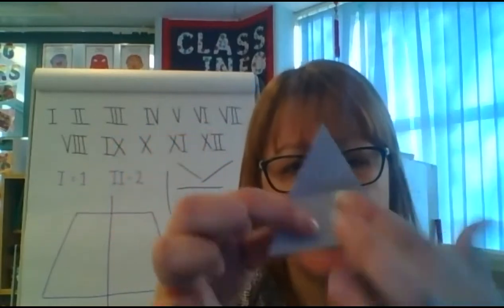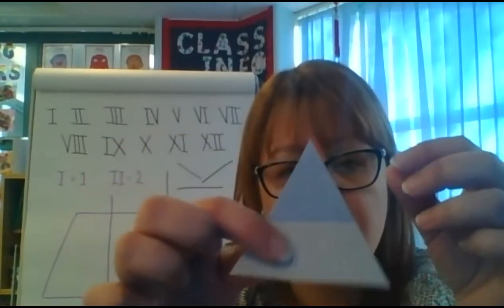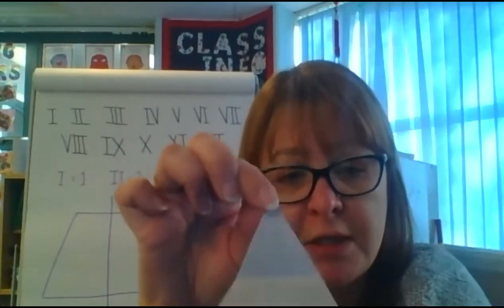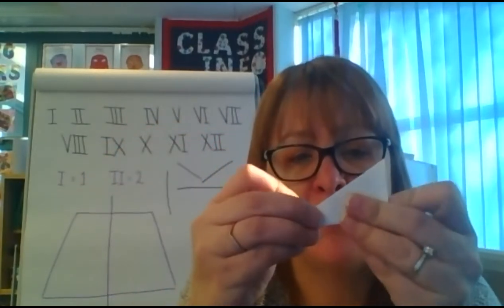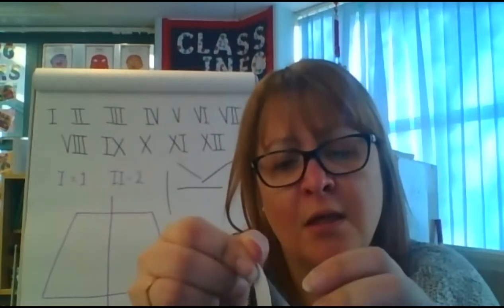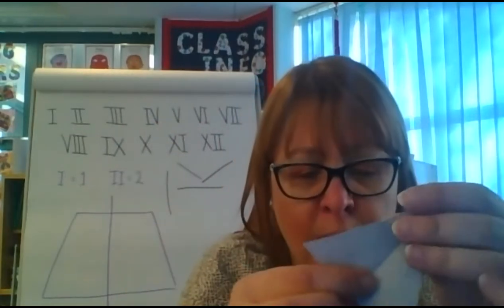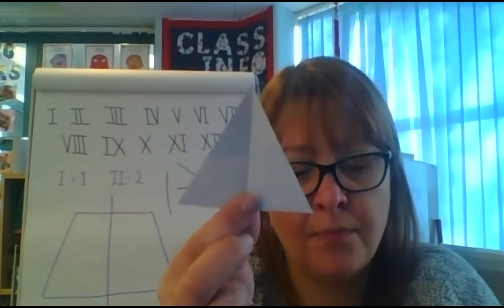So whilst it's through the middle, it's not a line of symmetry. You need to go from a point. So if I was to fold my equilateral triangle from one of its corners, from its point, and then opened it up, you can see that that looks the same.